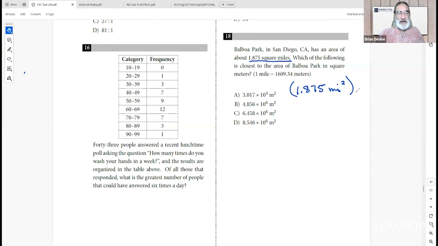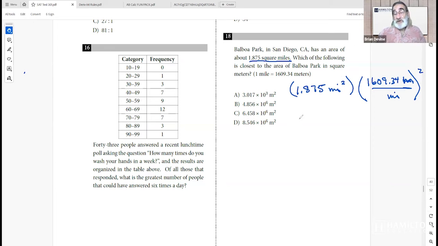And we're going to take that conversion that they gave us, that there are 1609.34 meters per mile. And we're going to square the second thing, because that's going to give us square meters per square mile.